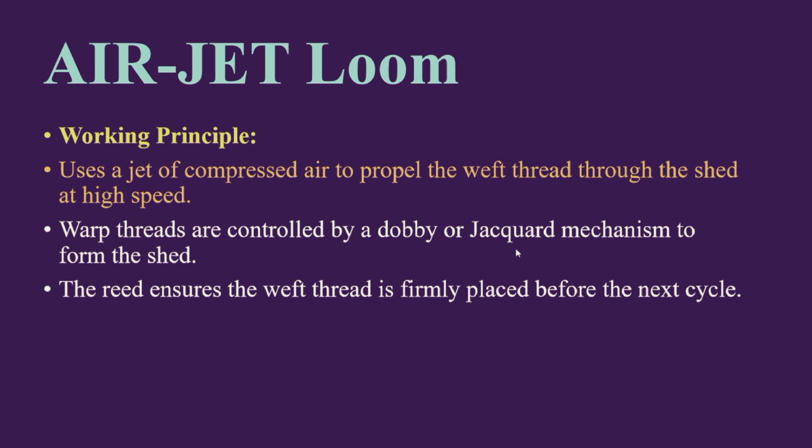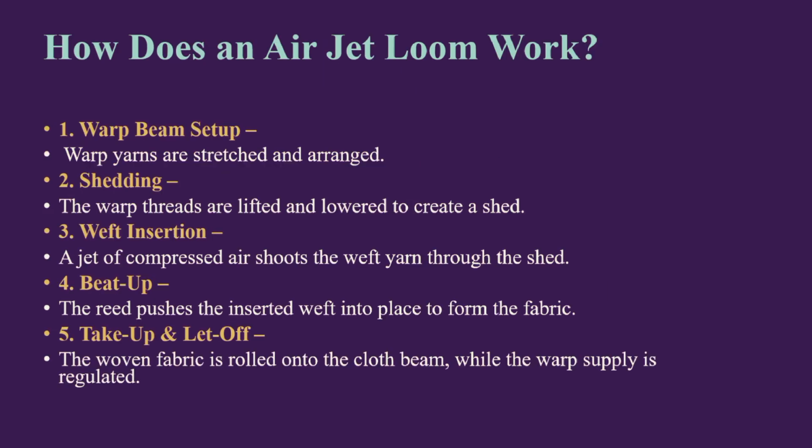This process is done in different steps. The different steps engaged for the manufacturing of fabric on air jet looms are: first, warp weave setup, where warp yarns are stretched and arranged. Second, shedding, where the warp threads are lifted and lowered to create the shed.